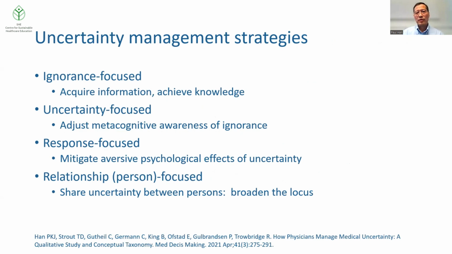Several years ago, my colleagues and I conducted some qualitative research where we interviewed trainees and practicing physicians at all levels of experience to try to understand and conceptualize the major kinds of strategies that clinicians engage in to manage uncertainty. And we ended up categorizing these into 4 groups.